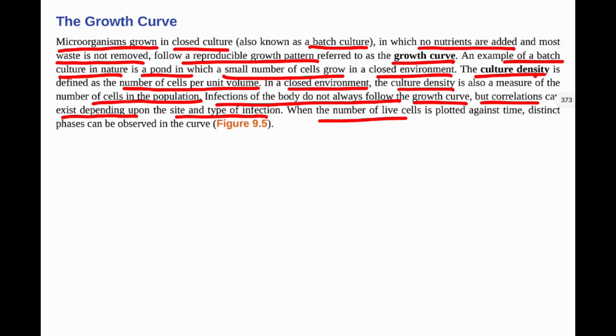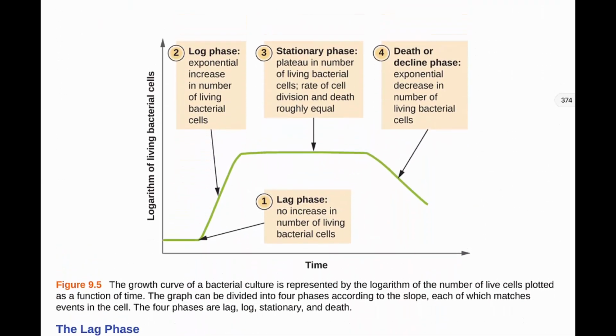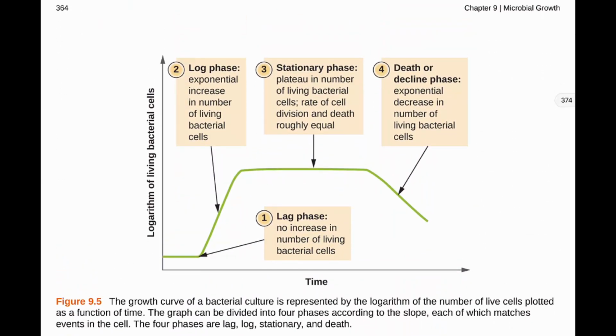So when the number of live cells is plotted against time, we have distinct phases that we can see in this curve. We're going to take a closer look at this growth curve and understand the different phases. So here's our illustration of this, and I'm going to come back to this, but when we're talking about each of the sections, you can think of this chart here, this graph.